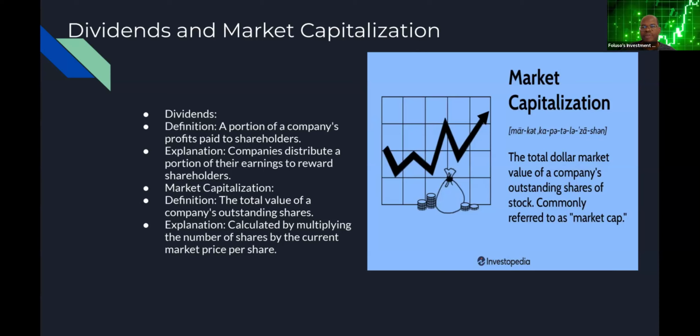And we also look at market capitalization. That is the total dollar value of the company. How do we calculate that? You multiply the total number of shares by the current market price.